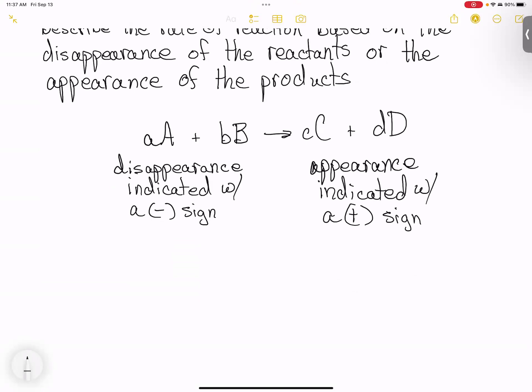So we can describe a reaction based off of the change in concentration of reactant A versus time. We can describe the change in the reaction in terms of the change in concentration of B versus a change in time.